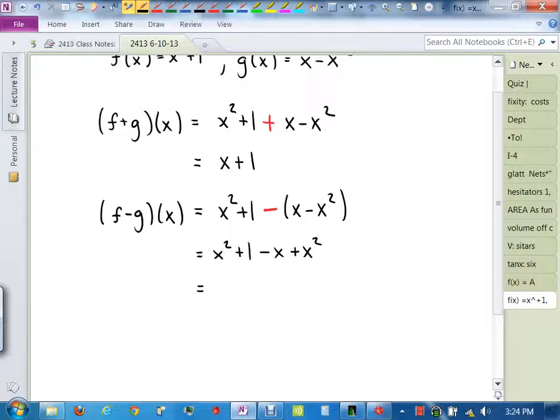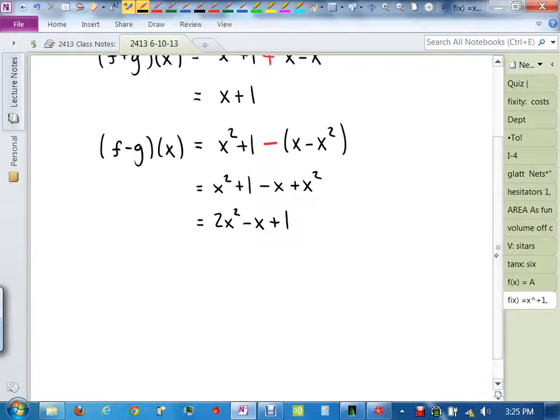By the way, we're reviewing right now. Have you all kind of picked up on that? Okay. So 2x squared minus x plus 1. Is it wrong if you would have written it, 2x squared plus 1 minus x? No, it's just we like to do things in descending order, but it's not incorrect to do it another way.